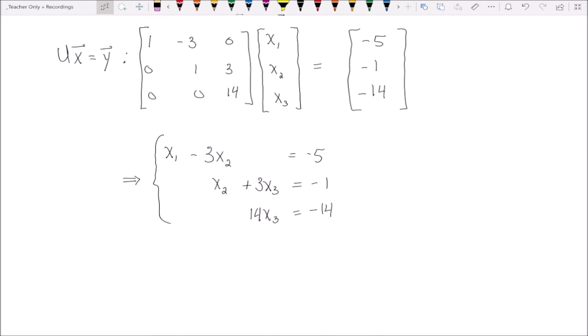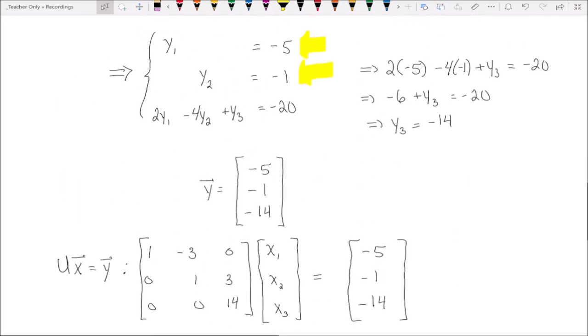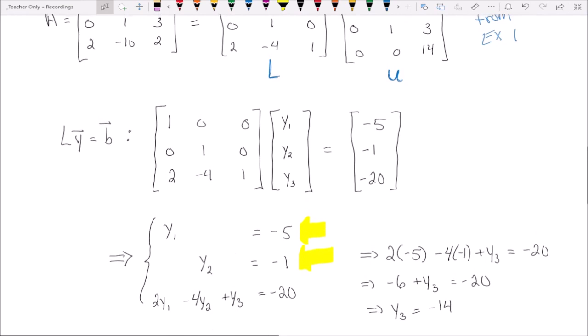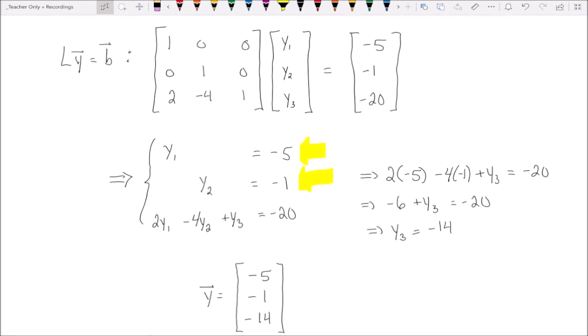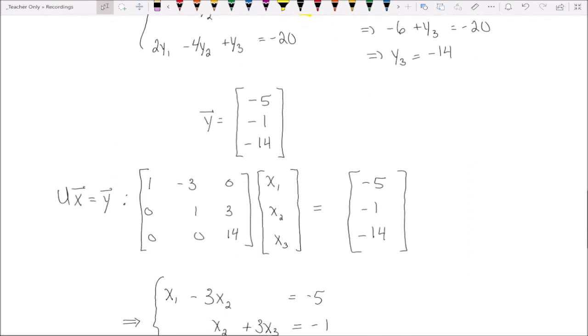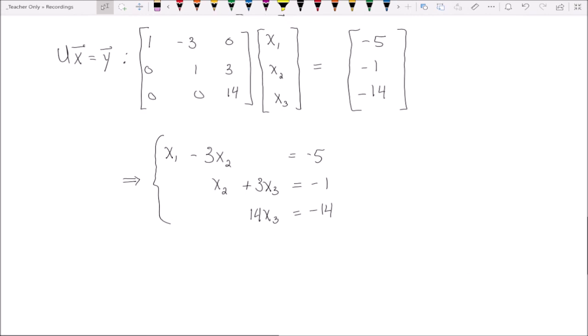So solving Ly equals b is essentially forward substitution. Solving for Ux equals y will be backward substitution. Well, right away, we can tell that x3 is negative 1.